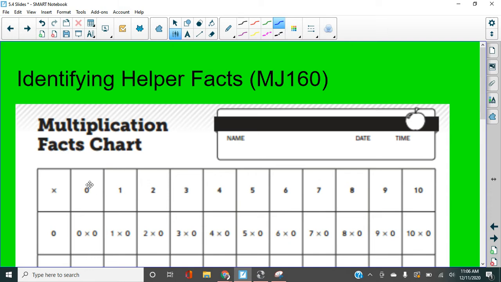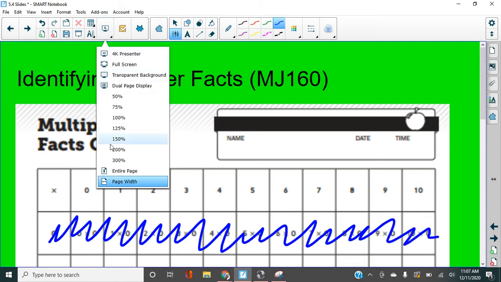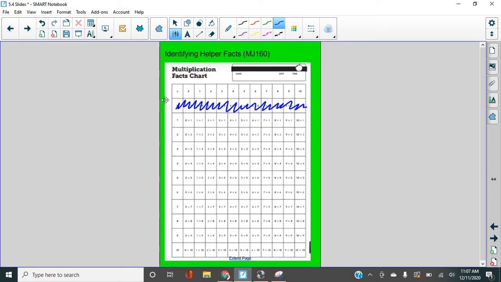Anything times 0 is 0. So I want you to use your pencil or marker or whatever and cross out all the zeros because you know those. They're all 0. And when you do that, you can also do this one, right? This column here, because those are all zeros.